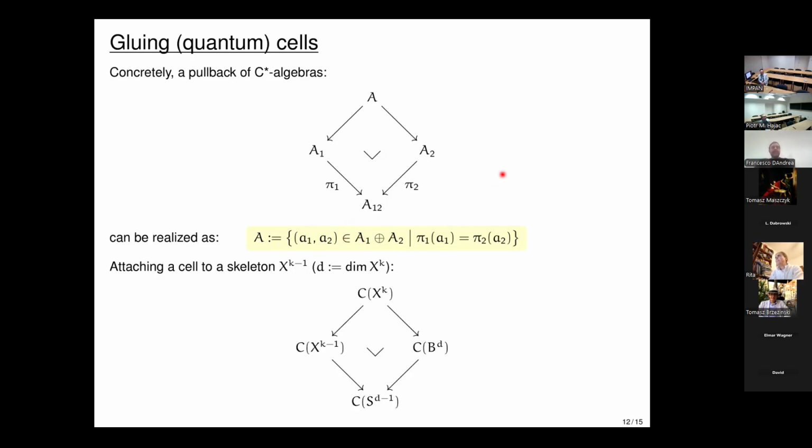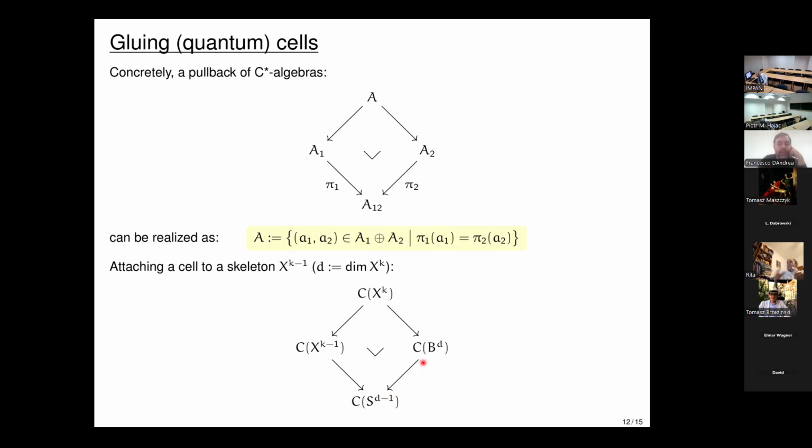Okay, so next, in particular, I want to glue quantum cells. What does it mean? Classically, attaching a cell means the following. If X_{k-1} and X_k are two topological spaces, saying that X_k is obtained from X_{k-1} by attaching a d-dimensional cell means that you have a pullback diagram like this, where here you have X_k, here X_{k-1}, here you have a ball of dimension d, where d is the dimension of the cell, and below you have a sphere of dimension d minus 1.